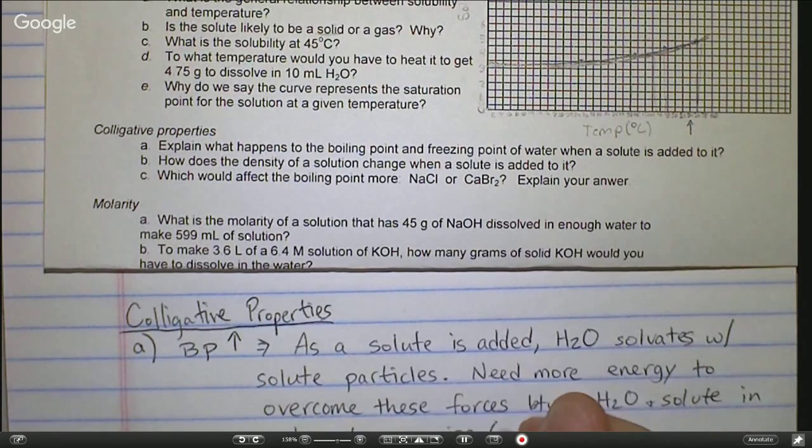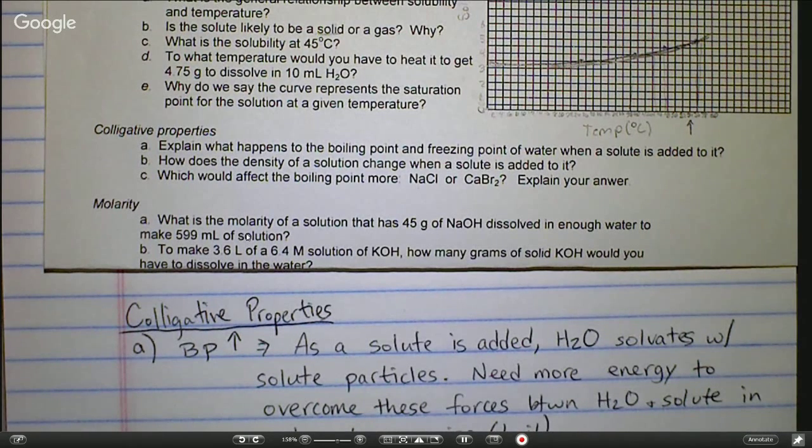vaporize or boil. Okay, because for boiling point, when we go to boil, we're going through a phase change of vaporization. In other words, we have to have enough energy to overcome the forces that are keeping the liquid particles together. And usually for water, we reach enough energy to do that phase change at 100 degrees Celsius.